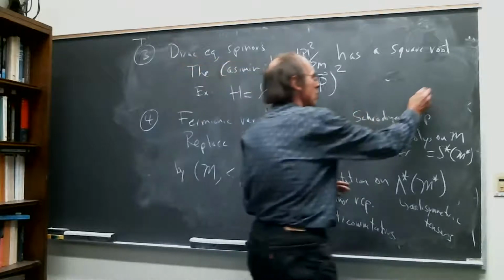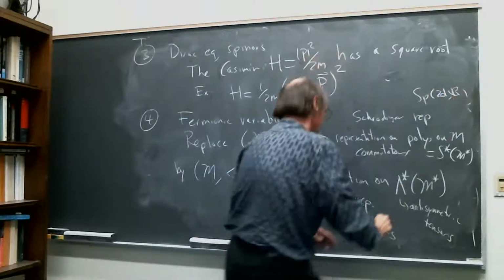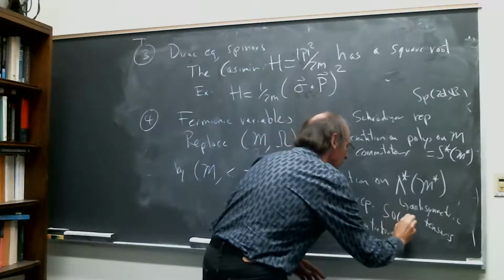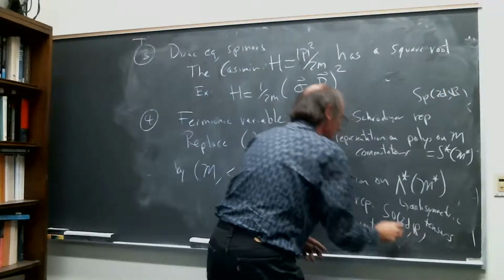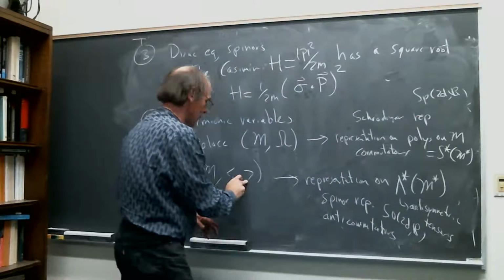Because here you have an Sp of 2d R, and here you have an SO of 2d R. These are the things that preserve this.